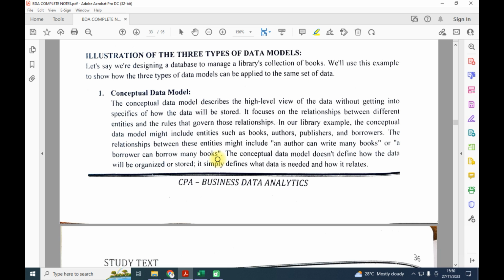So the conceptual data model does not define how the data will be organized or stored. So that is a conceptual data model. Here we are just looking at the entities and the relationships between them.